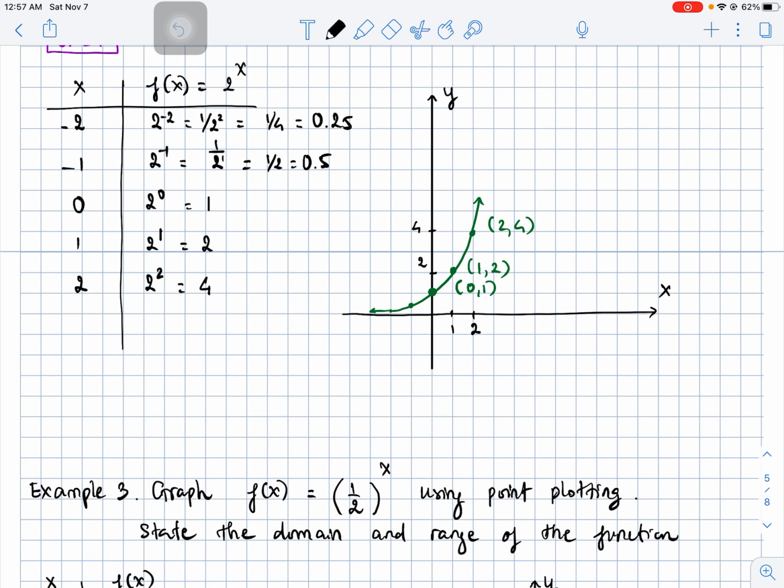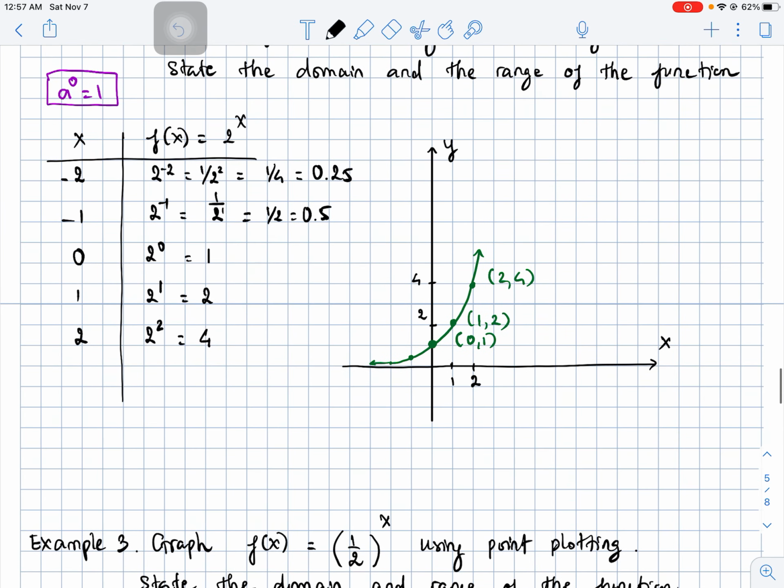So we observe this graph and we want to answer the domain. The domain of the exponential function is always all real numbers. So you can write from negative infinity to positive infinity.